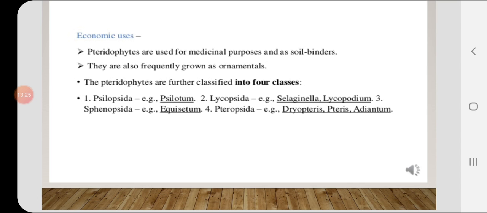Last, for Pteropsida Dryopteris, Pteris or Adiantum. So here we complete this division, Pteridophyta.